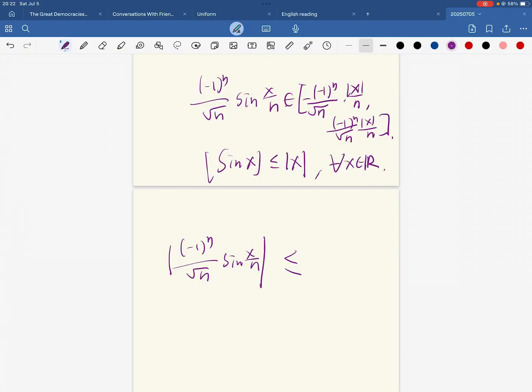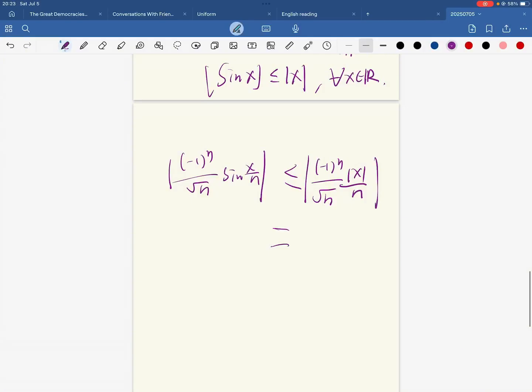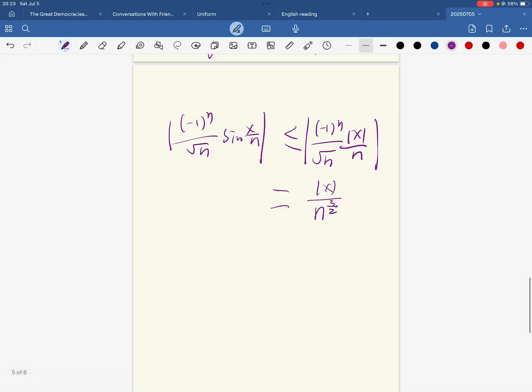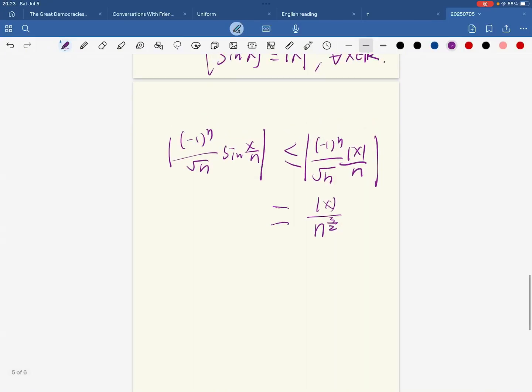So we could write it as this. Since x is continuous on a compact set, it attains its maximum.